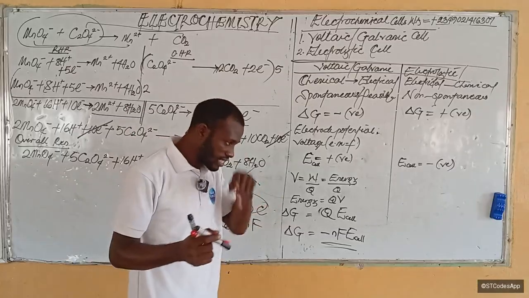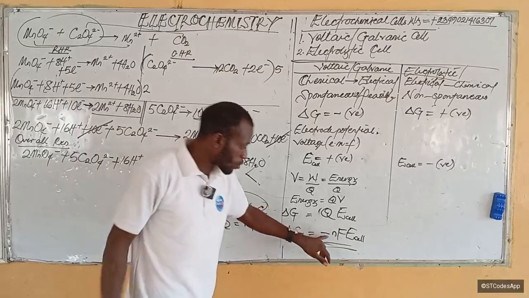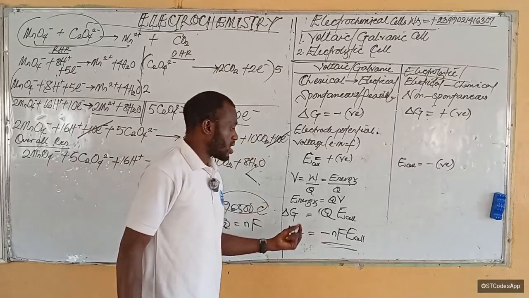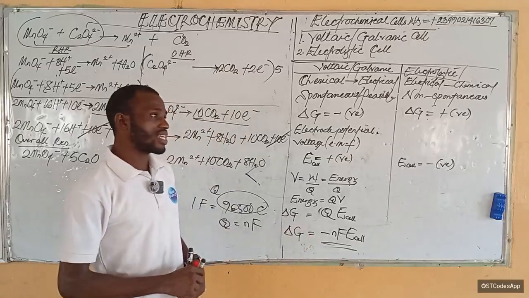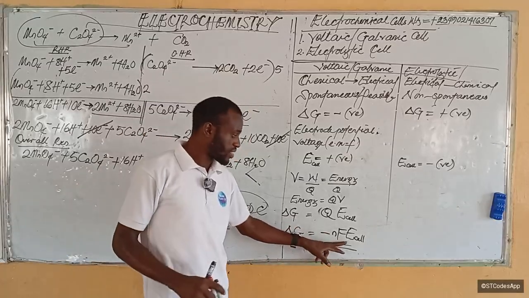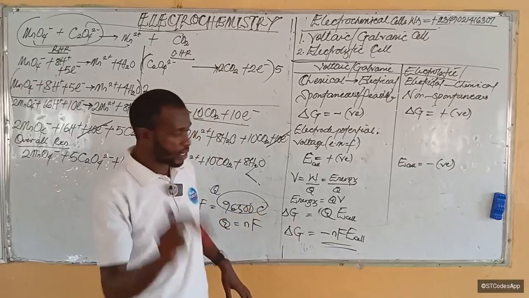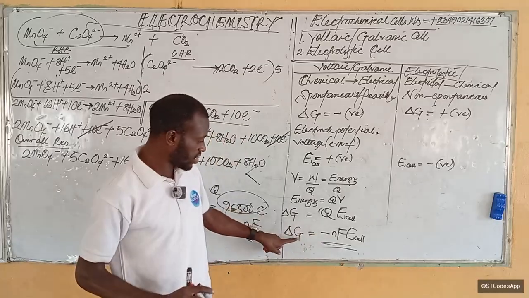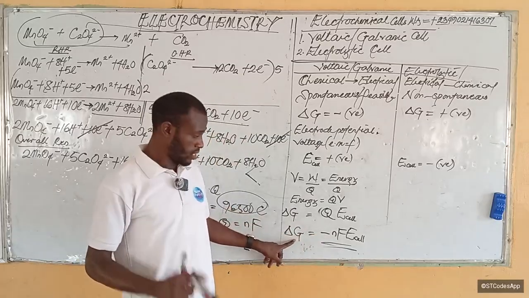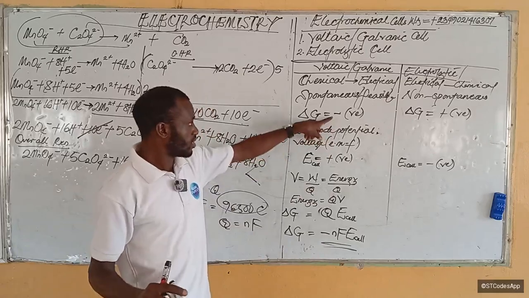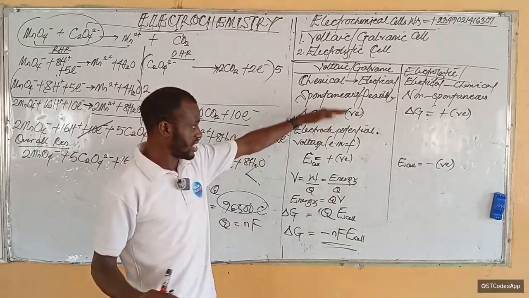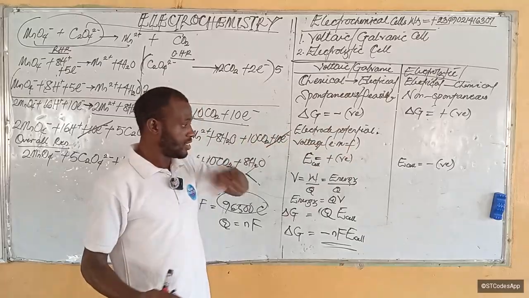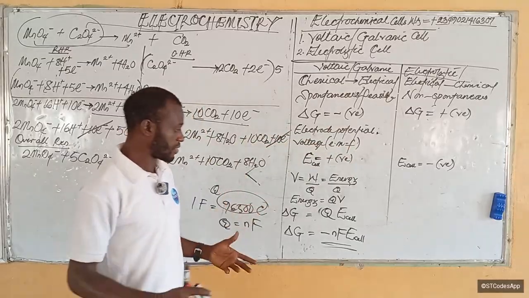Because of the way it is done, we need to add a negative sign here so that if E cell is positive, then the free energy is negative, in which case the reaction is spontaneous. You see, they don't negate each other, they correspond.